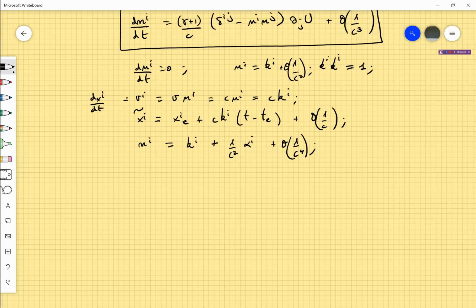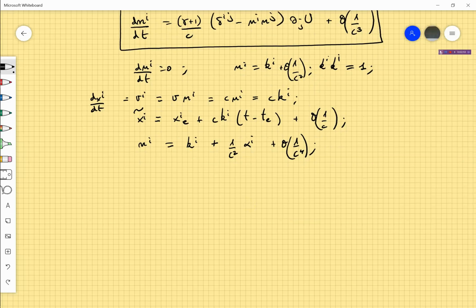If you look into Poisson and Will's book, instead of 1 over c squared alpha i, you just see alpha i, but I think it is convenient to keep the 1 over c squared and to remember explicitly the order at which this term appears.